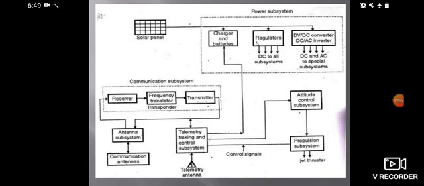Okay, and the next one is the attitude control subsystem, and this system is going to be providing stabilization in orbit. That means whenever we are placing it in one orbit, it senses the stabilization, and it senses the changes in orientation.